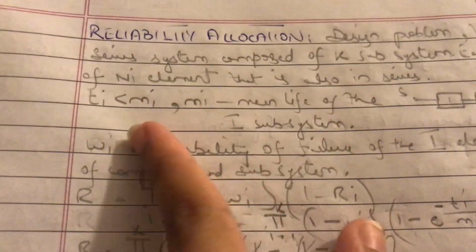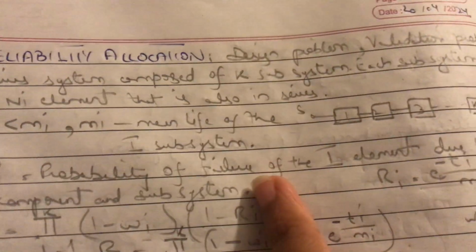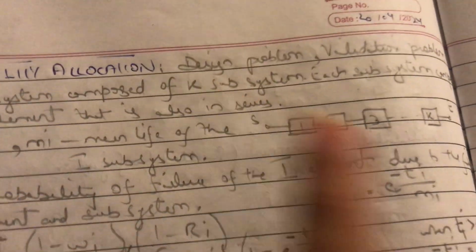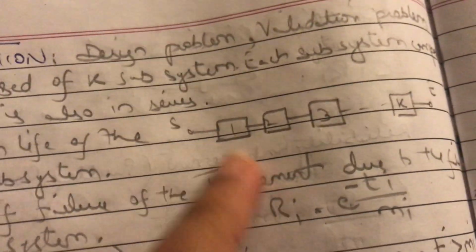I told you about this. And what is Wi? Wi is the probability of failure of the i element. We are working on this i element.